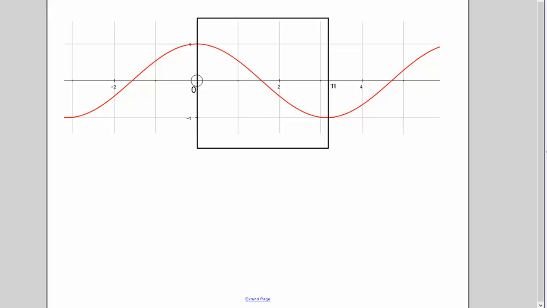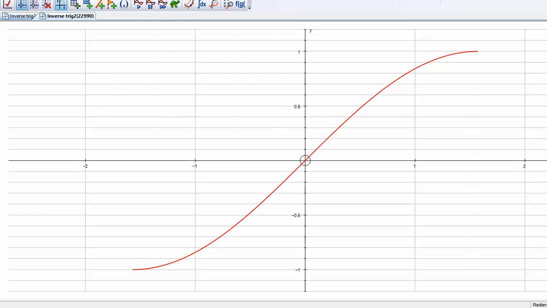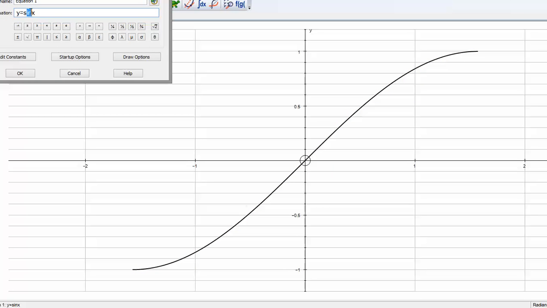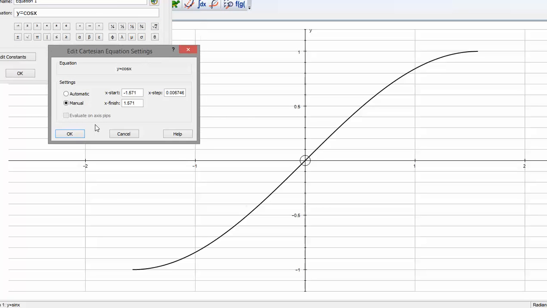So let's have a look at the graph software. We were looking at sine before, so let's change that to cos. So we're going to look at cos x, and let's restrict our domain, and we said we're going to go from 0 to pi.